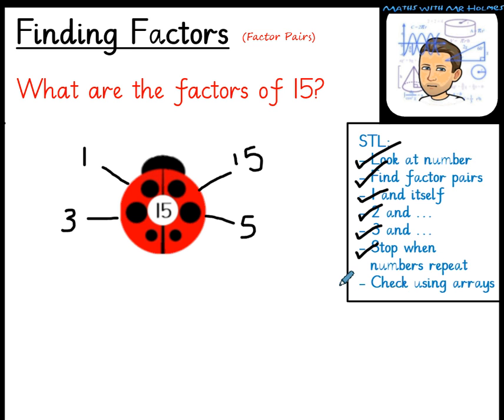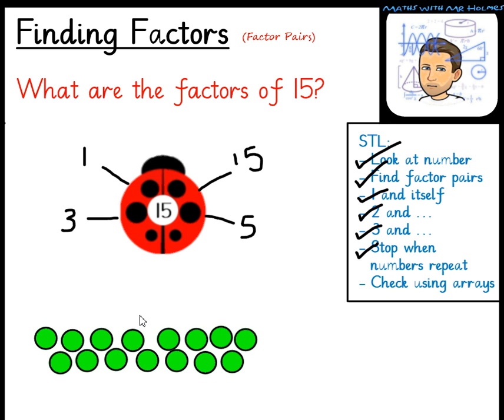One final part then is we're going to check using an array. So we have 15 counters laid out here. So we'll check with 1 by 15. So we'll arrange our counters into one row of 15 counters.